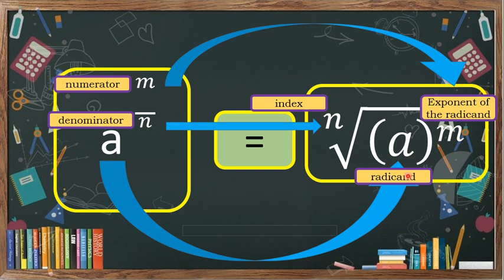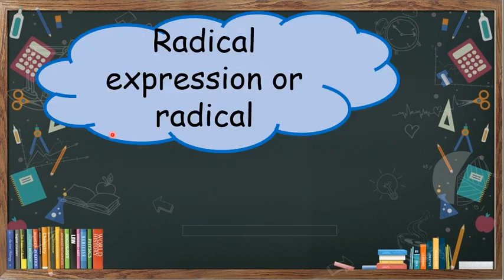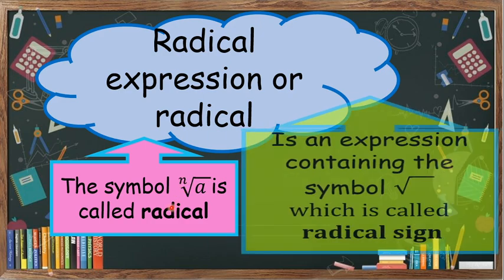Now, radicals. We are going to write rational exponents into radicals. A radical expression or radical is in the symbol of the nth root of a. As you can see, the symbol is similar to a division sign, but there is a pointed part here, and there is an index. This is called a radical.